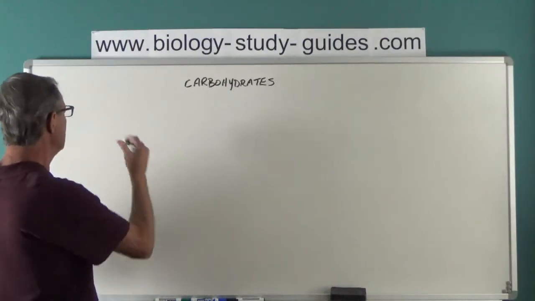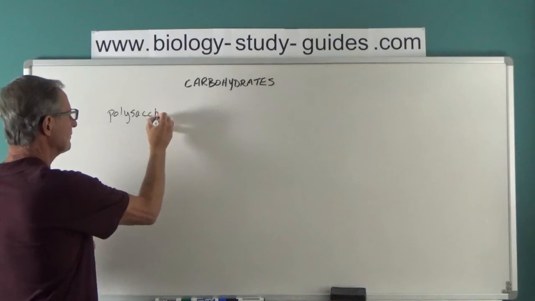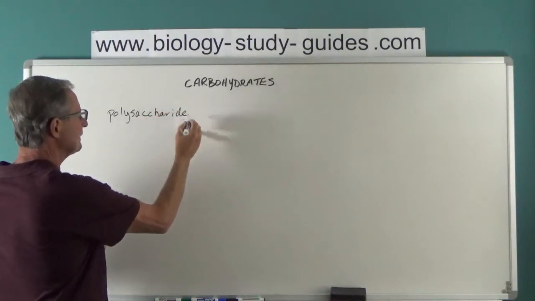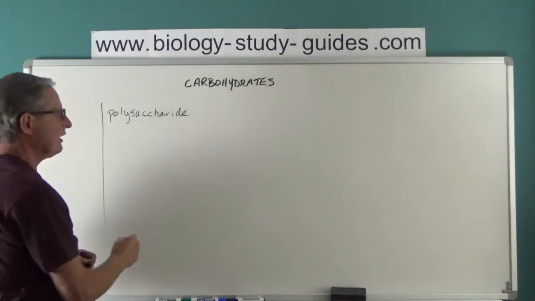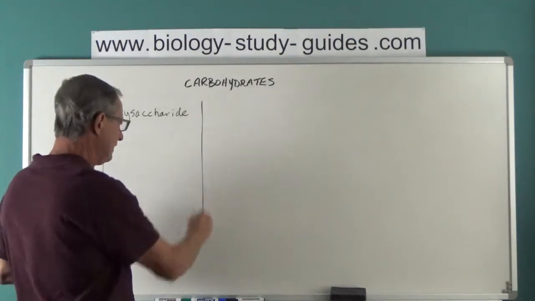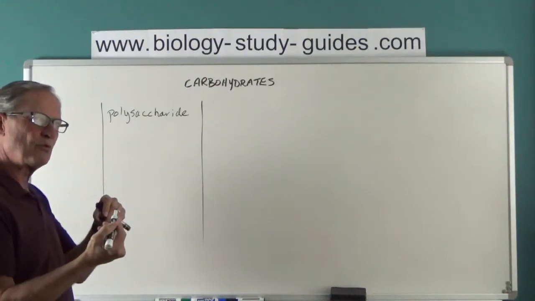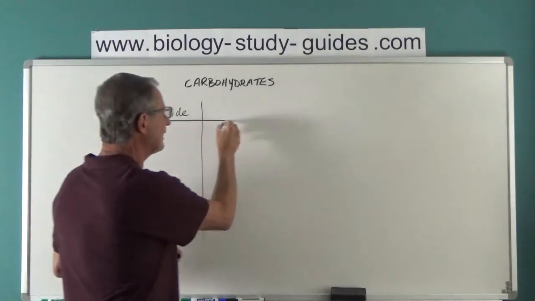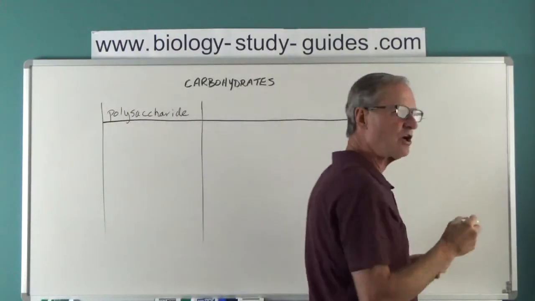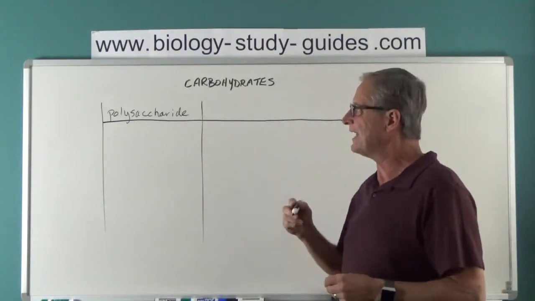We have polysaccharides. One of the things I capitalize on every chance I get is contrasts between things. If you know a structure, a substance, or some topic, can you make a contrast between that topic or structure or substance and another one?